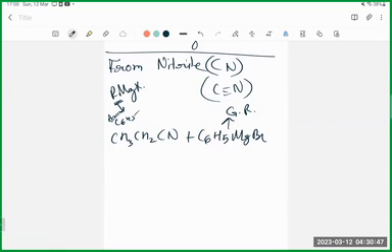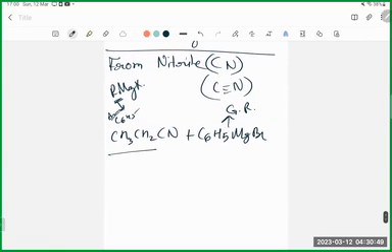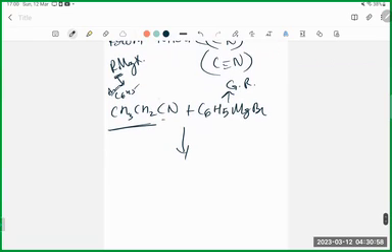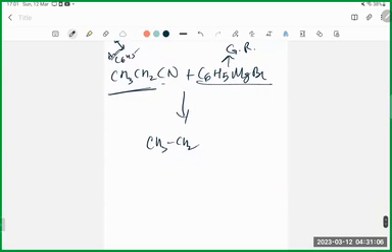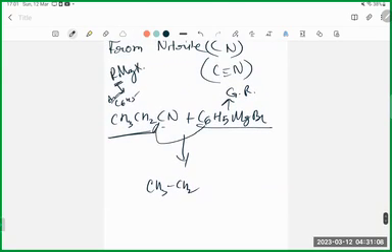If you don't want to write this product in a very direct manner, it can also be written another way. Remember how we learned the reaction of Grignard reagent with aldehydes and ketones. So this part will come to carbon.